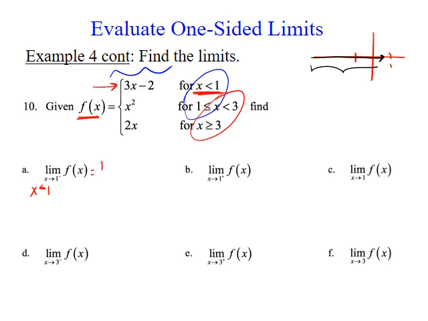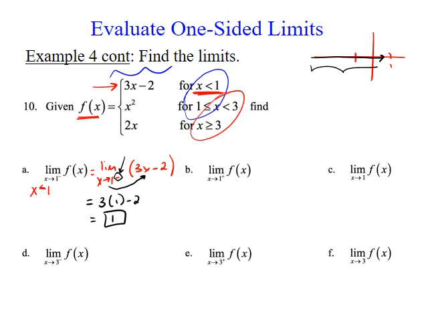So when I evaluate this, I'm going to specifically look at the first piece. I can use direct substitution here, and I just plug in 1. This just tells me which direction we're heading from, nothing more. So when I evaluate this, I have 3 times 1 minus 2, which gives me 1. So this limit is equal to 1.